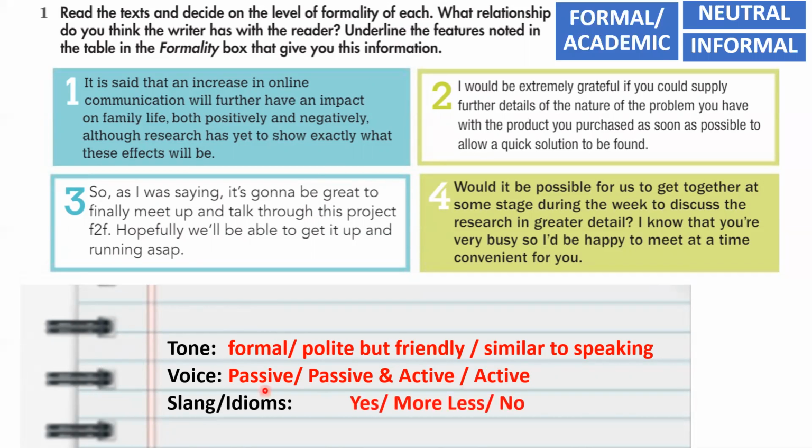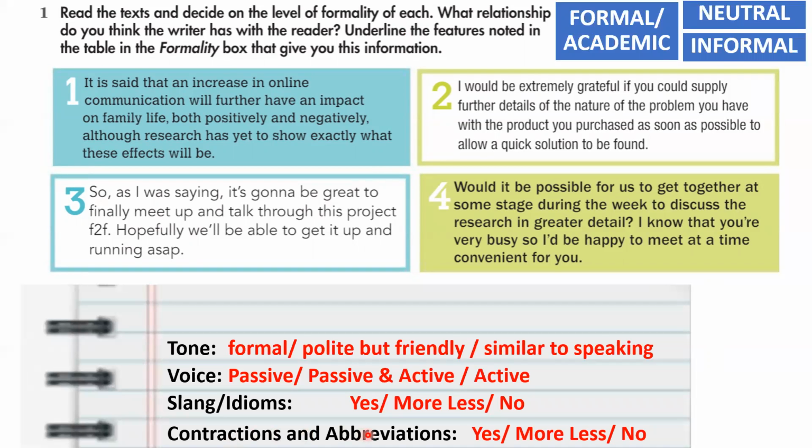Then we're also gonna talk about slang and idioms, if we use it, if we more or less use it, or if we don't use it. And finally, contractions and abbreviations. Again, if we use them, more or less, or not. So with this, you're gonna decide the level of formality that you're using for each text.